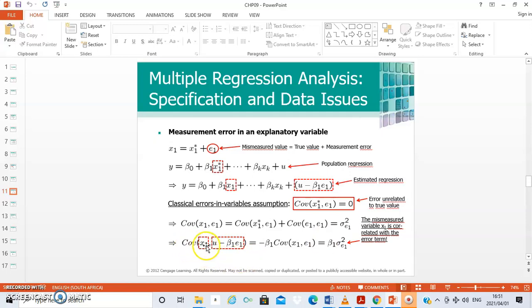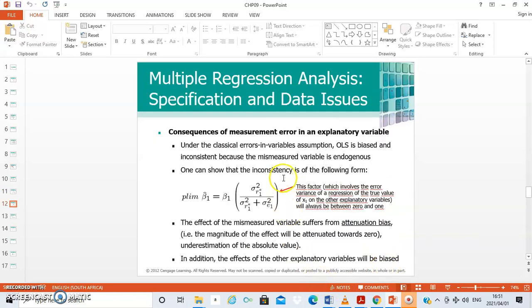That's why we are saying the covariance between x1 and the error term for the estimated regression, which is mu minus beta 1 e1, is nonzero. The two are correlated, so beta 1 varies with e1. Remember that beta 1 is the coefficient of x1, so the estimate of beta 1 will not be precise because it is affected by the measurement error. That's why the mismeasured variable x1 is correlated with the error term.